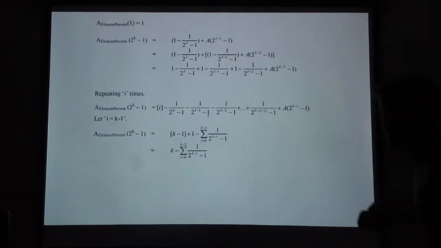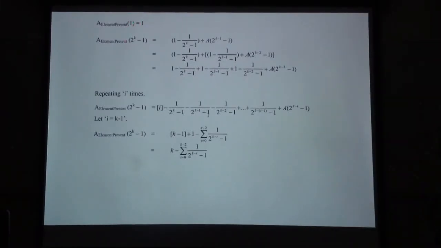So therefore, assuming the element is 100% certainly in the array, if we're searching an array of 1, then the probability is 100%. Are you with me? If, however, the number of elements is not 1, but it's some number like 3, 7, 15, 31, 2 to the k minus 1, then the probability is going to be the expectation of mismatching it, which is the comparison probability, plus the average complexity of the left half or the right half. So it is 1 minus this.